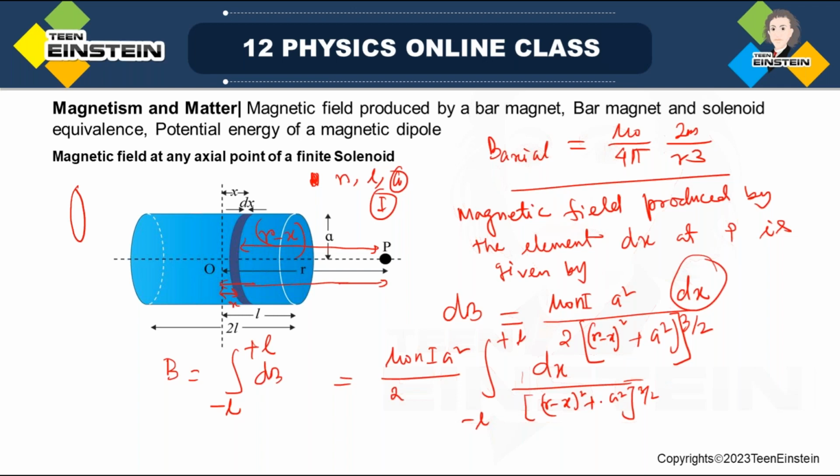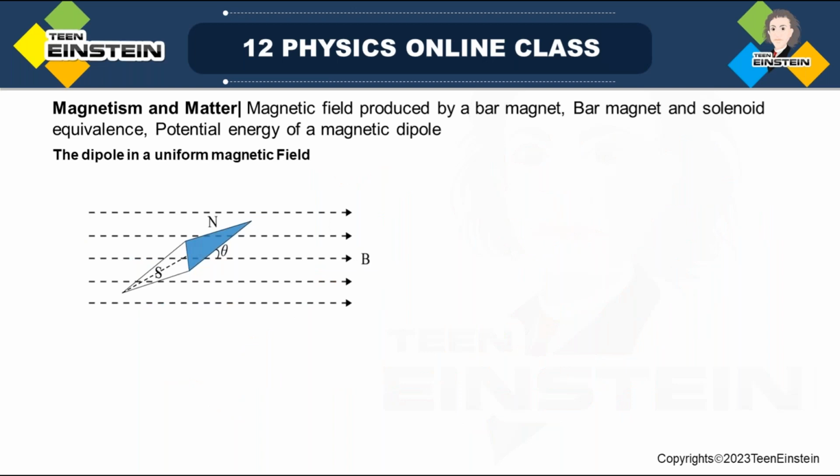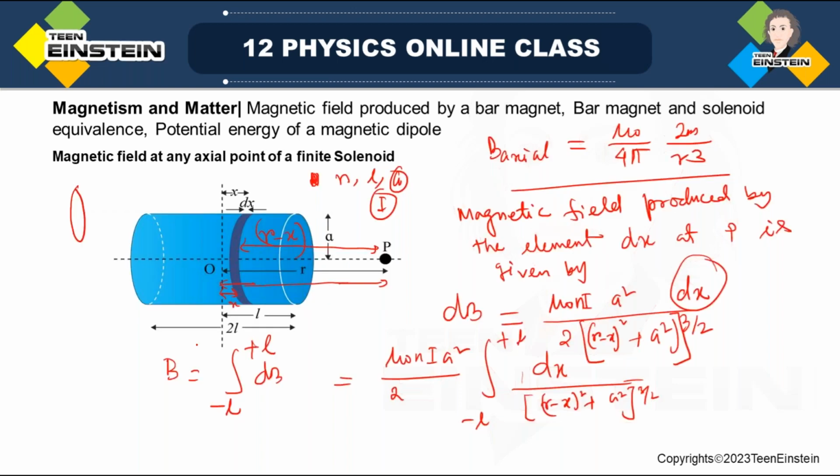Now I have to make some approximation here. If r is much greater than a, then this particular term can be approximated as mu 0 n I a square.